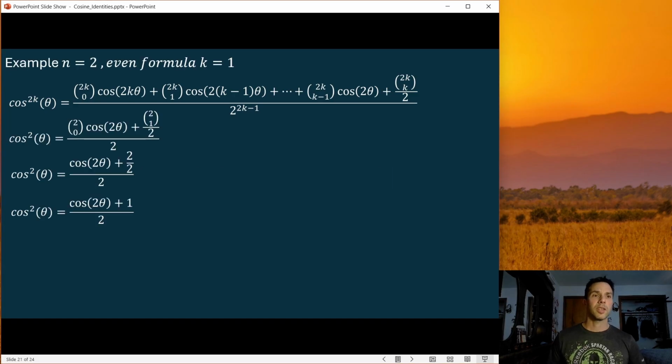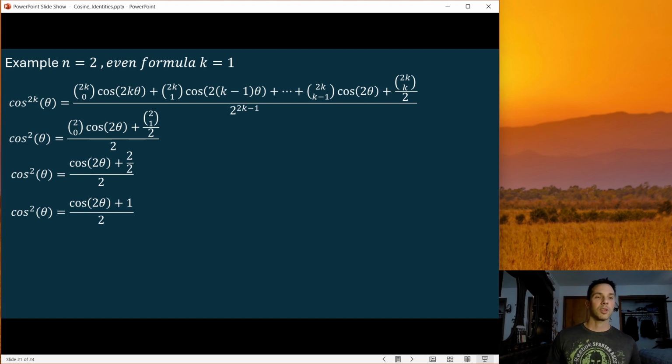So the first example is the one that we all know and love, right? We have n to the second power. And so for n to the second power, we're going to need to use our even formula. In our even formula, we make k 1. So I have reiterated my even formula to show what the form actually is. Then I've substituted my k equals 1.